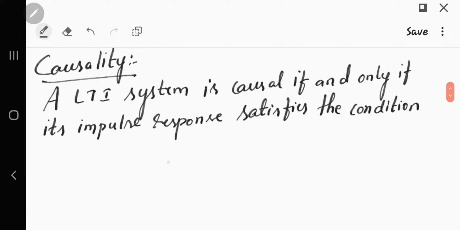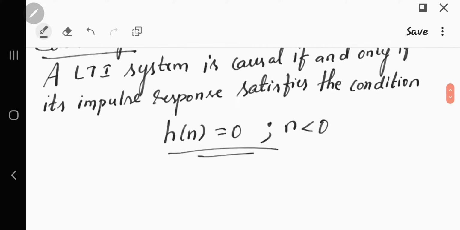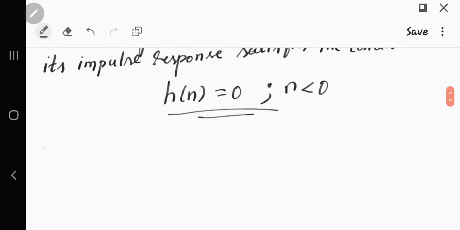First I'll write for discrete time. h of n is equal to 0 for n less than 0. This is the condition here, and this is what we have to remember. The impulse response should be 0 for values of n which are less than 0. So this is for discrete time.